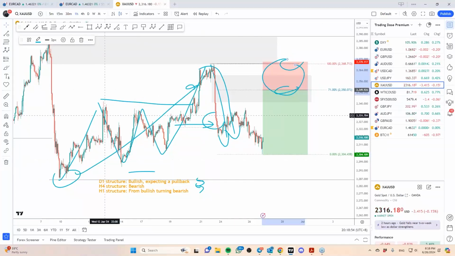It's more the foundation of understanding how to define swing highs and swing lows, identifying structure, understanding fair value gaps and order blocks. All these things put together, identifying the entry is very straightforward.